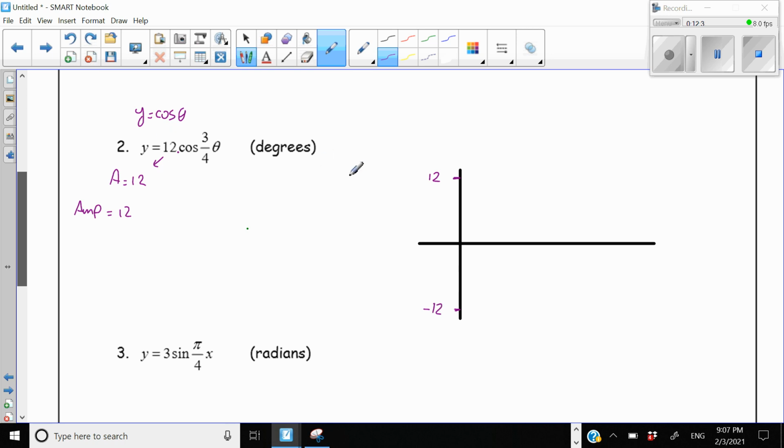In order to graph the function, I need the critical points. I know that parent cosine looks something like this. The critical points are here, here, this one, and this one. So I need to find these points on my new graph.